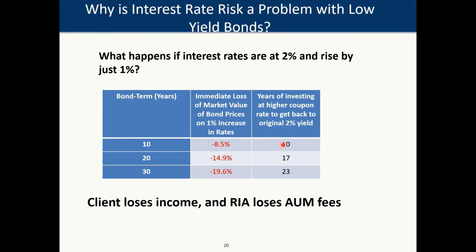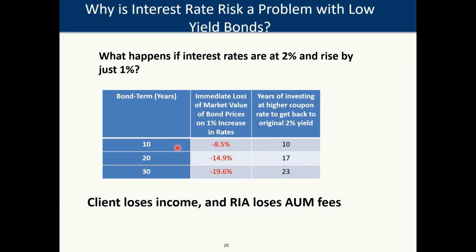So in this period, if this were to happen, while interest rates are supposed to be low for the next 5 to 10 years, if you're allocating a large portion to bonds and then slowly interest rates are rising and reverting back to the mean over those 5 to 10 years, clients will absorb a heavy loss. They'll be making withdrawals at the same time, and on top of that, the client loses income, is subject to interest rate risk and sequence of return risk, and the RIA is losing AUM fees.